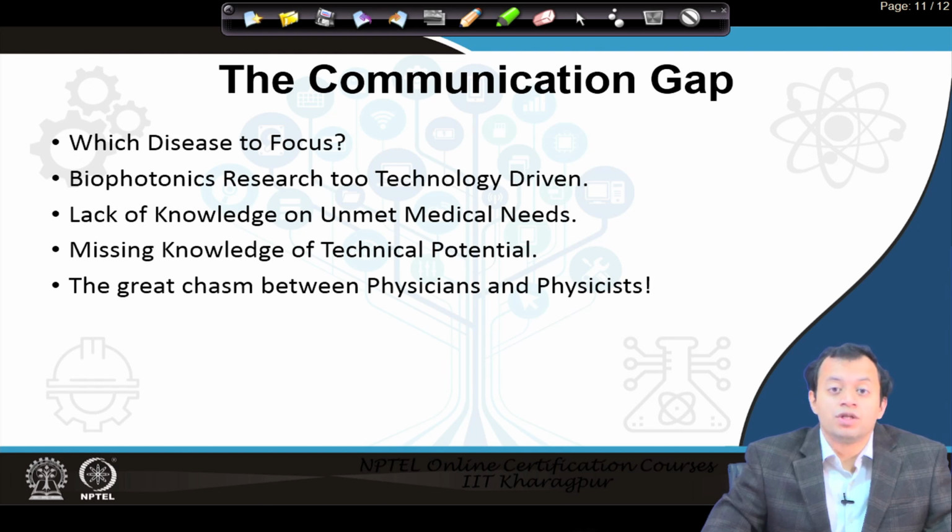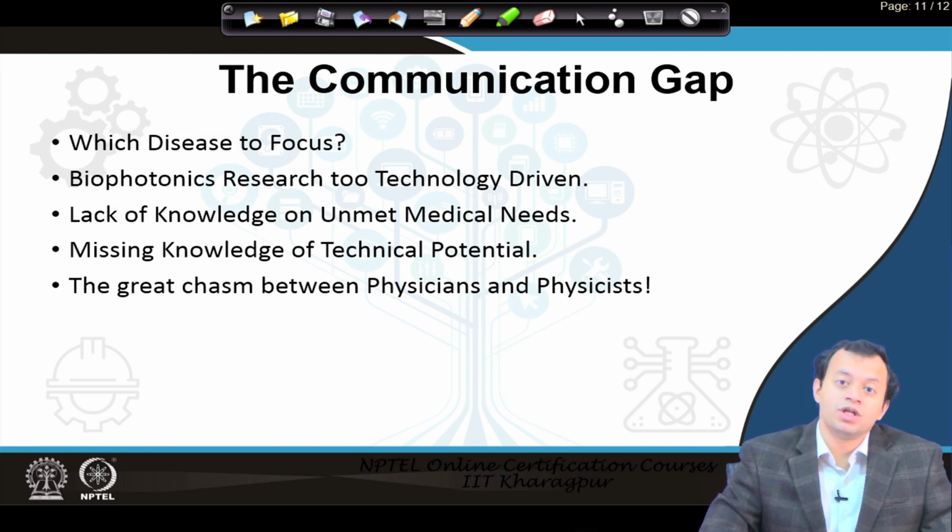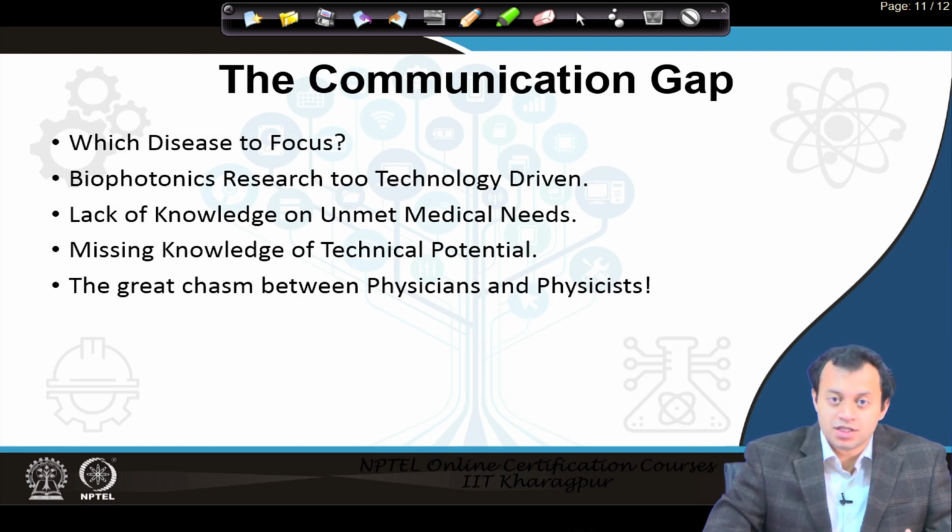Several of them do not even know that a technology already exists and that could immediately be put into utilization of their day-to-day practice to get a more efficient diagnosis, right. This knowledge gap between both physicists as well as physicians is something that is plaguing this field.